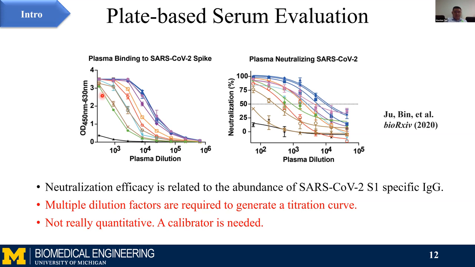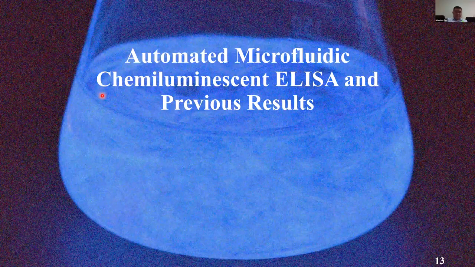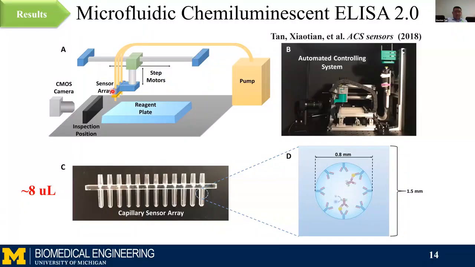So here comes our solution. 2.5 years ago, we developed this microfluidic chemiluminescent ELISA system. Basically, we use this capillary sensor array as an ELISA reactor in replacement of a 96-well plate.